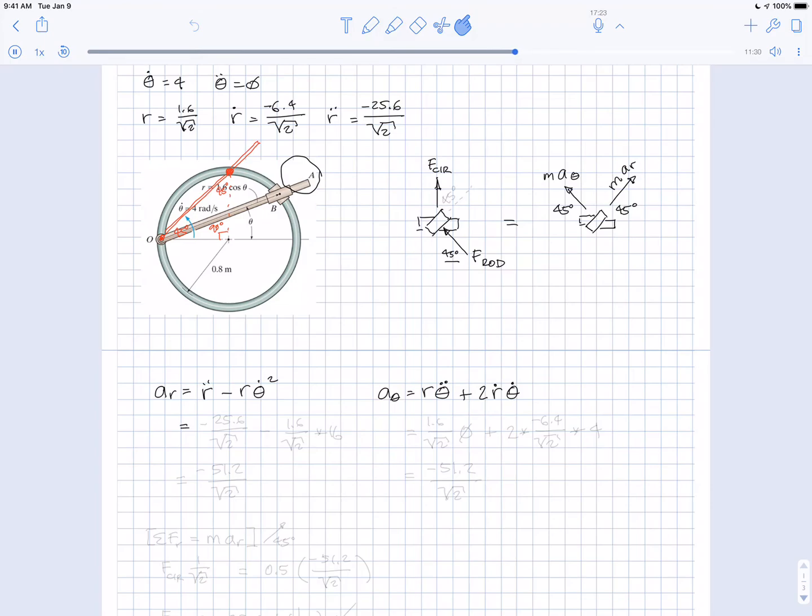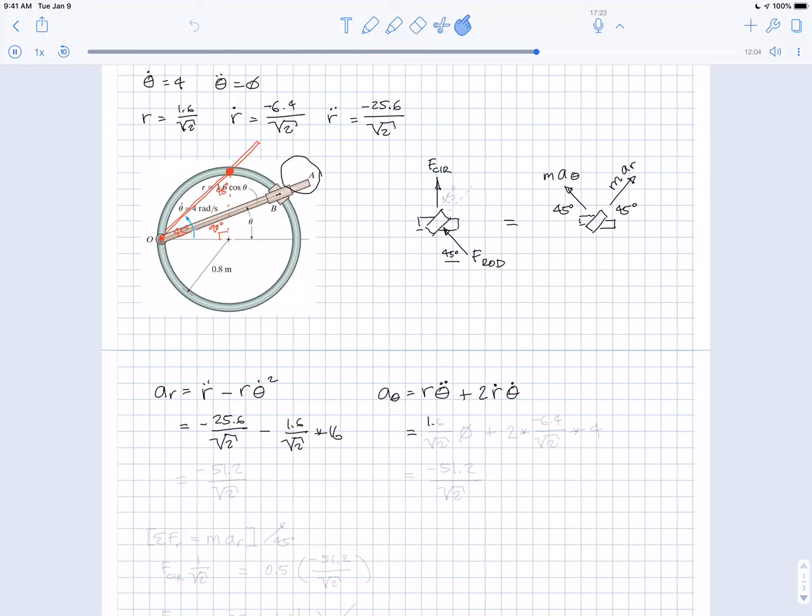So that's minus 25.6 over square root 2 minus r, because r dot was negative, r double dot was negative. r is 1.6 over square root of 2, and theta dot was 4, so theta dot squared is 16. Figure that out in a little bit.